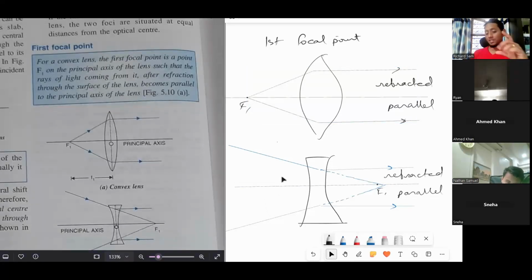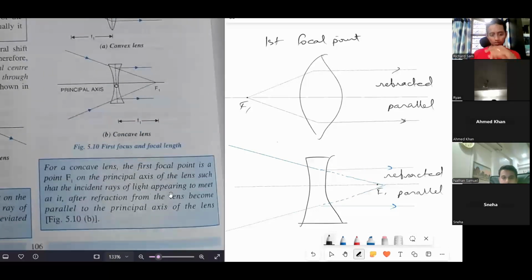And for a concave, the rays of light are appearing to meet at this. Here it is coming from F1. Here the rays of light are appearing to meet. Always for a concave, you have to use the word appear because it's not a real thing. Write the definitions.